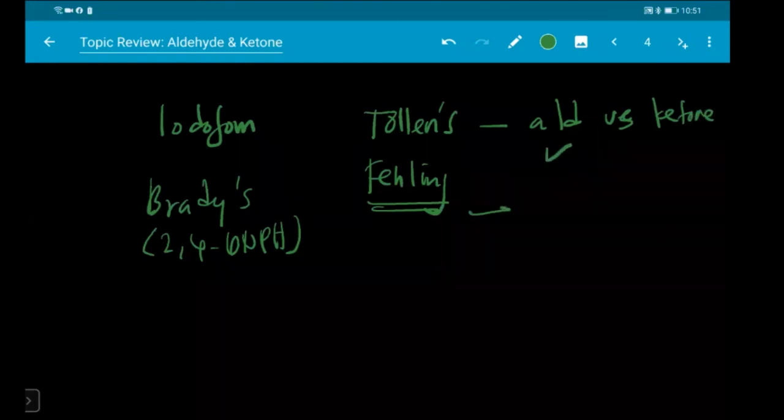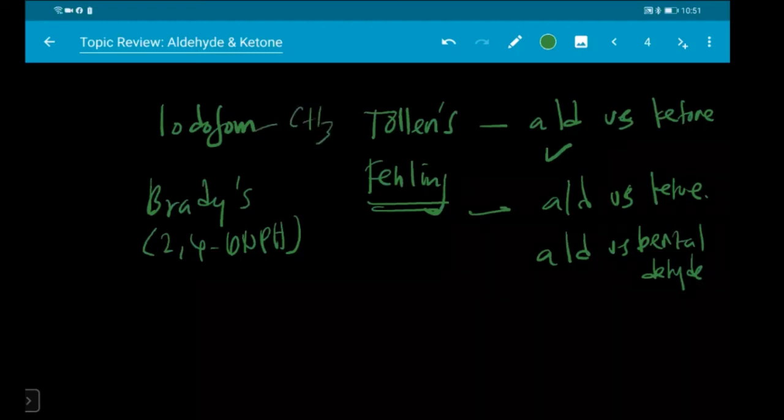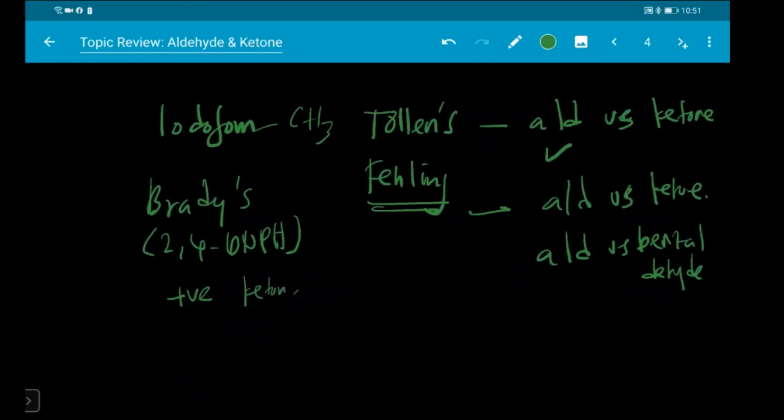Fehling pula, aldehyde versus ketone ataupun aliphatic aldehyde versus benzaldehyde. Nanti kita boleh pakaikan tolerance ataupun Fehling. Iodoform syarat kena ada CH3. Brady's dia positif for ketone and also aldehyde.